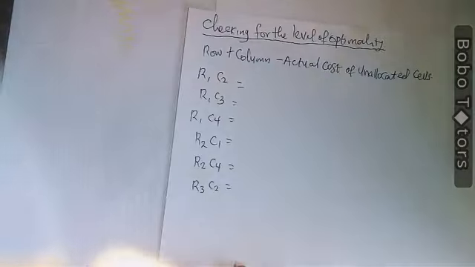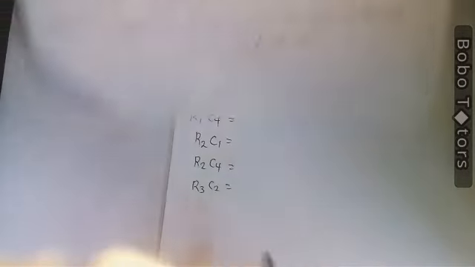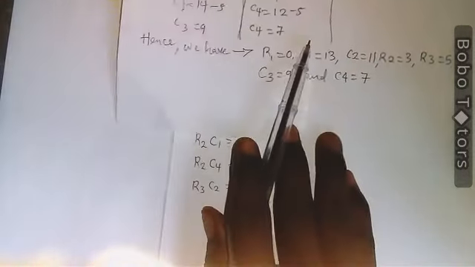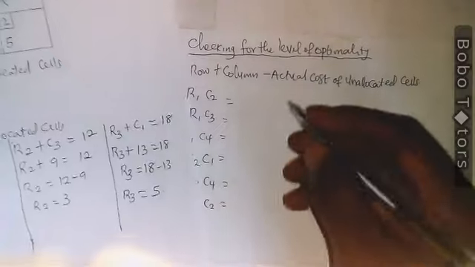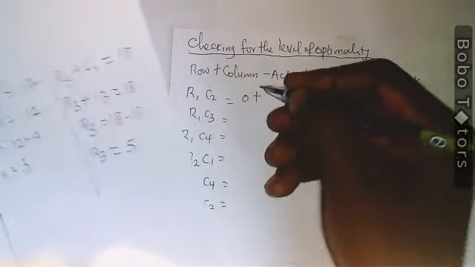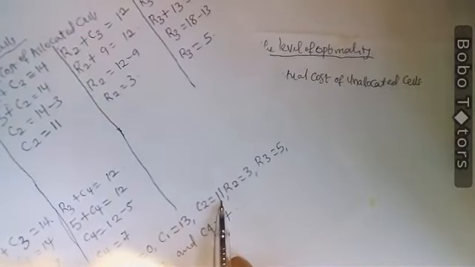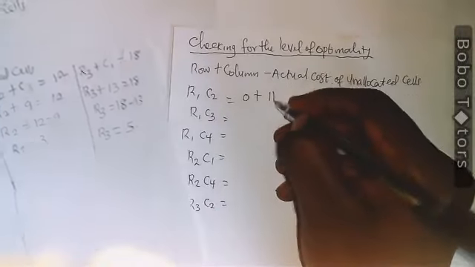So row 1, based on the new one we've calculated, not the old one, is 0. So row 1 is 0 plus column 2, which is 11, minus row 1 column 2, 11.